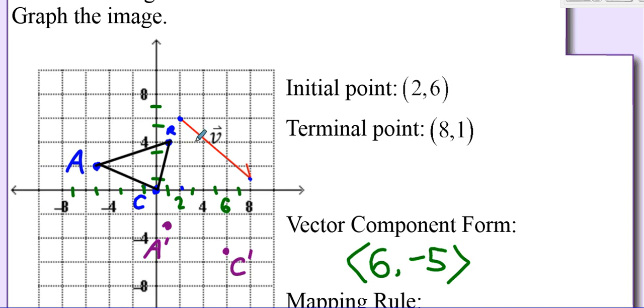And then R: 6 to the right, down 5. And then just like before, you can draw the triangle. It should be a congruent triangle, same size, same shape. It looks like it, because it is.